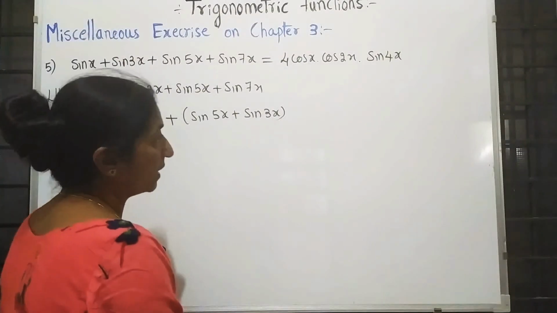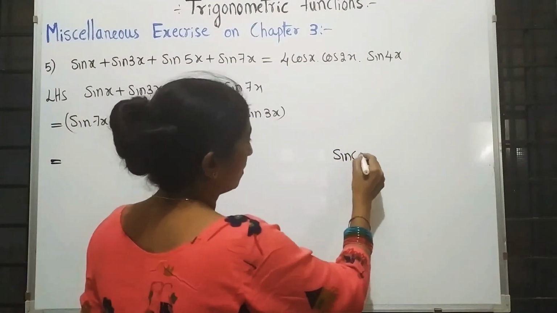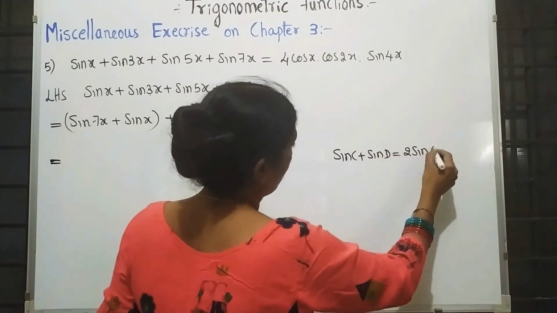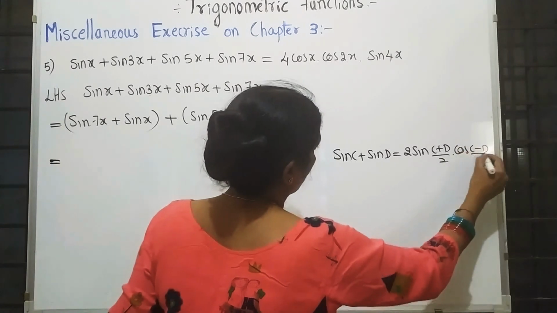Now which formula? Sin c plus sin d. Have you remembered sin c plus sin d formula? Yes. Sin c plus sin d is 2 into sin c plus d by 2 into cos c minus d by 2.